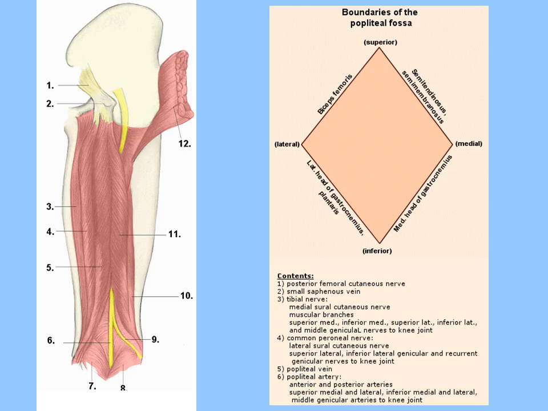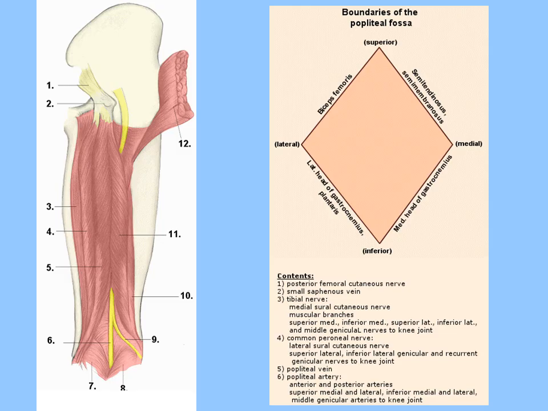This makes sense because the tibial nerve is medial, so medial sural comes off tibial. The common peroneal nerve is lateral, so the lateral sural comes off of common peroneal. So injury to the popliteal fossa may affect any of its contents.